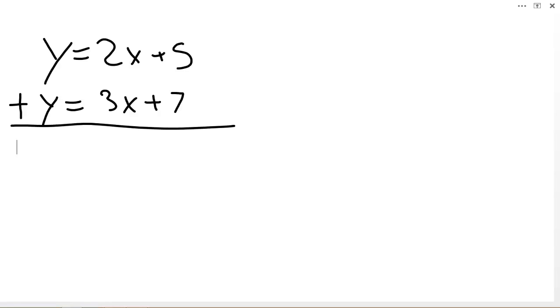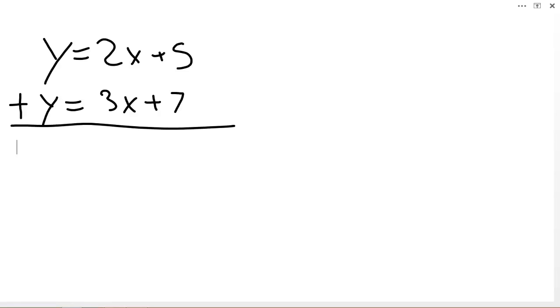If you think it's flipping the sign on one of the y's, so one y is negative and the other y is positive, that's right, because negative y plus y, or y minus y, is just 0. It doesn't really matter which equation we use, we have to turn one into a negative.